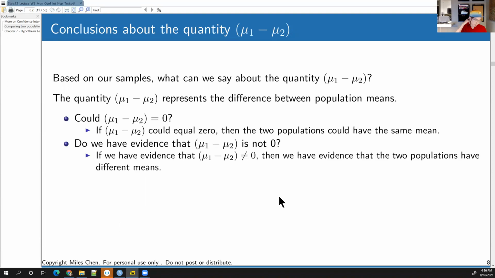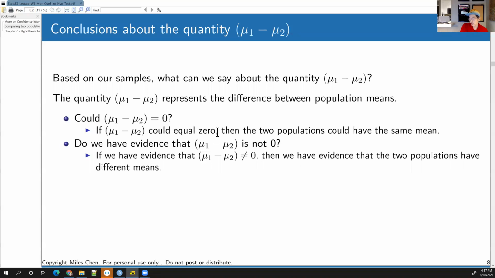And so effectively, we want to ask, could the difference between mu1 and mu2 equal 0? If the difference is 0, that means there's no difference. Then it's possible that the populations have the same mean. That's what it comes down to.